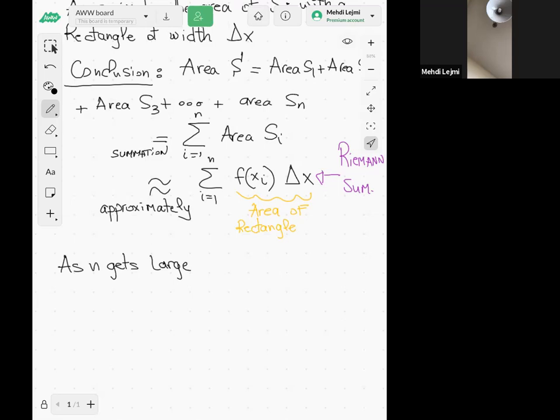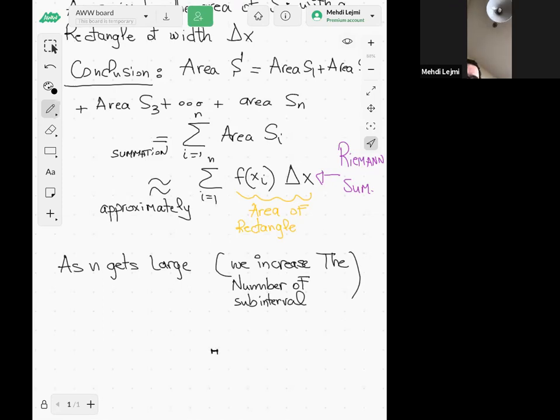It means we increase the number of subintervals, so your subintervals are going to be very, very small.